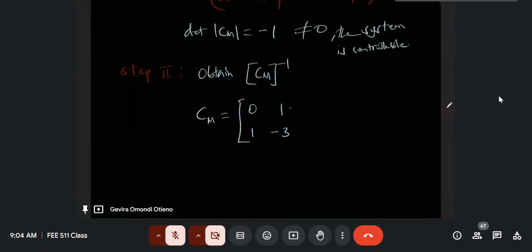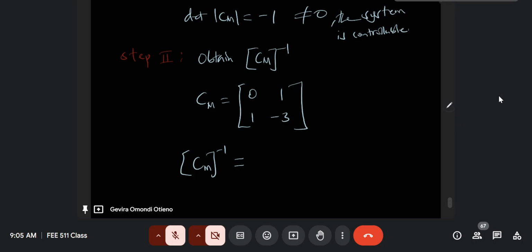If that was the controllability matrix, any student who's worth their salt should be able to find the inverse easily. The inverse of this matrix would be 1 over the determinant. The determinant here, we had obtained as minus 1, so 1 over minus 1. Then the elements in the leading diagonal are interchanged, so minus 3, 0.